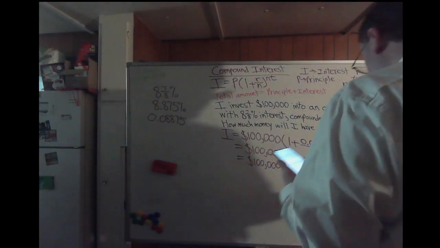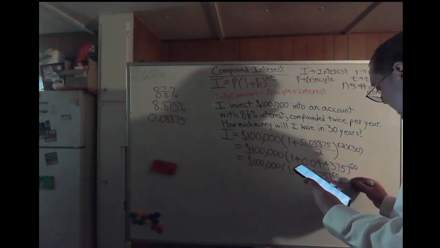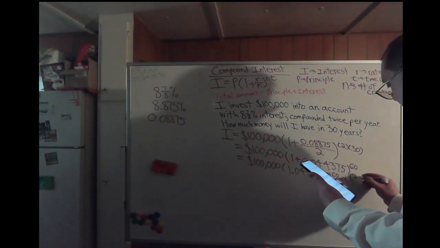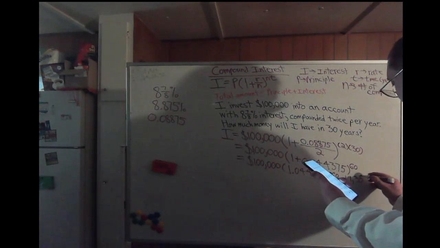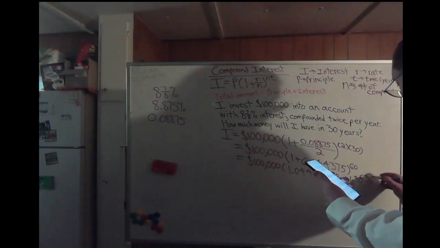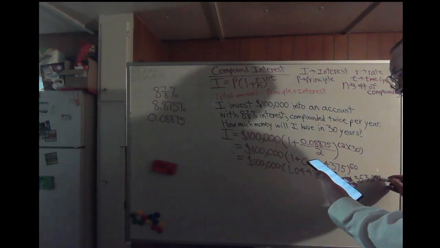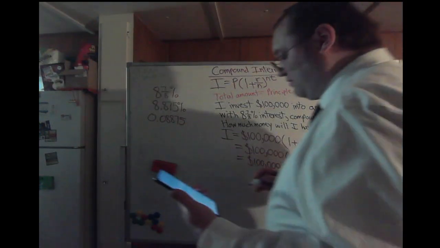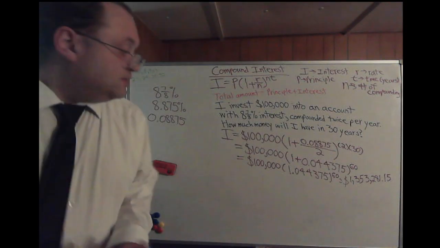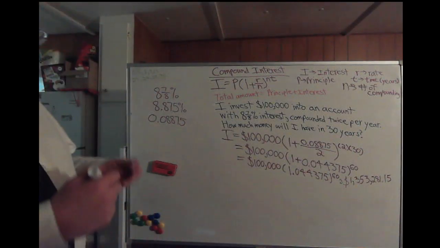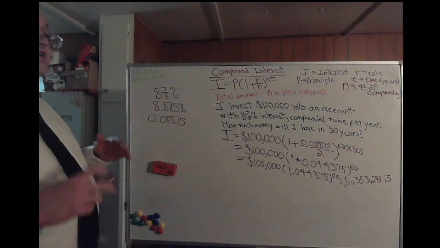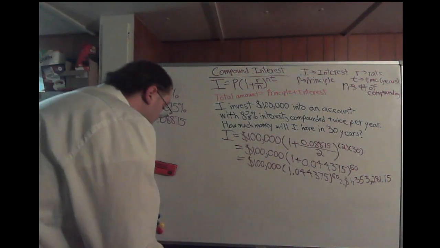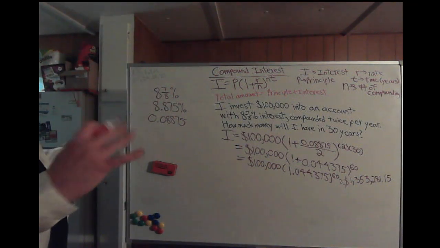So for interest, you get approximately, just in interest alone, $1,353,281.15. But we want to figure out the total amount.